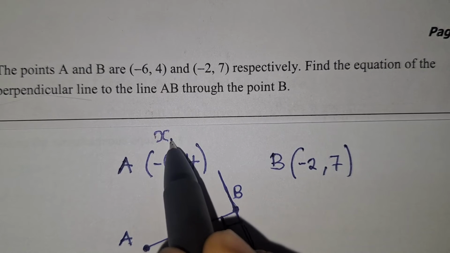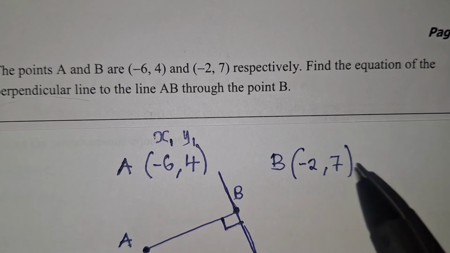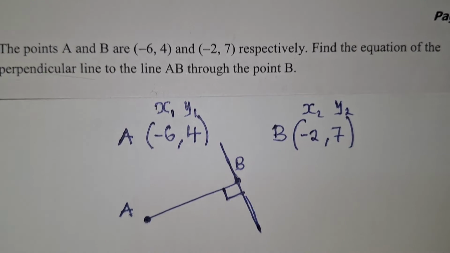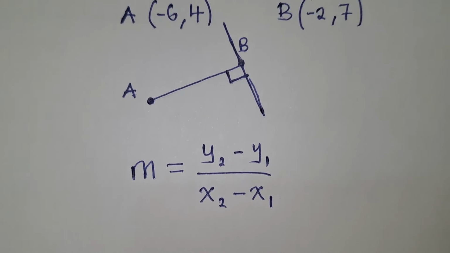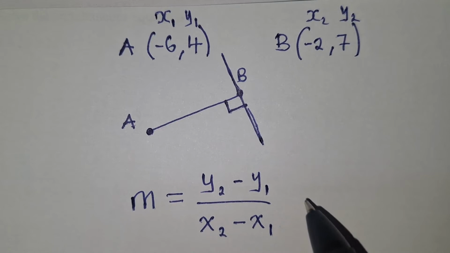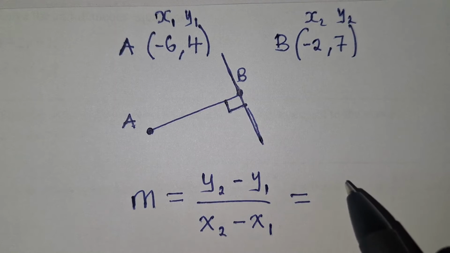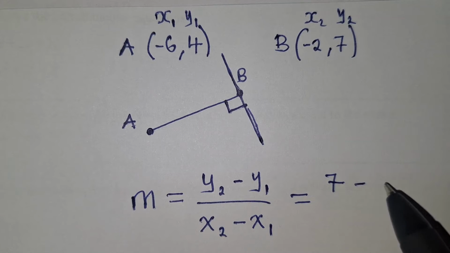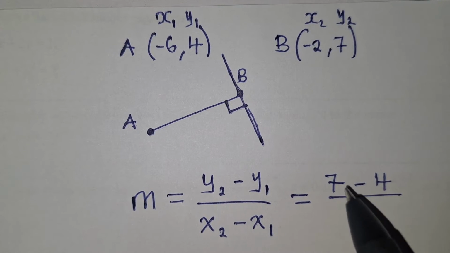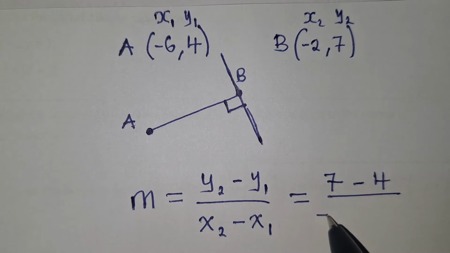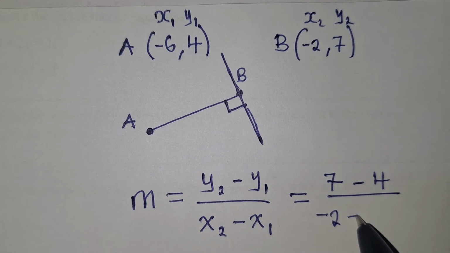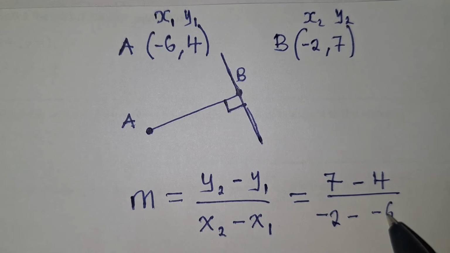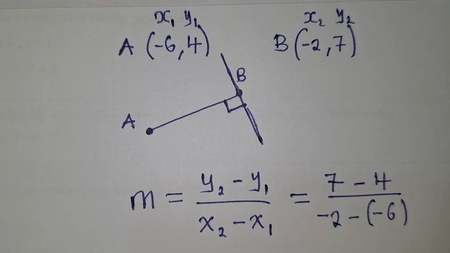We will say this is our x1, y1, x2, and y2. So now we plug in our formula. What is our y2? That is 7 minus y1, it's a 4, over x2, -2 minus x1, it's a -6, so it will be inside the brackets.